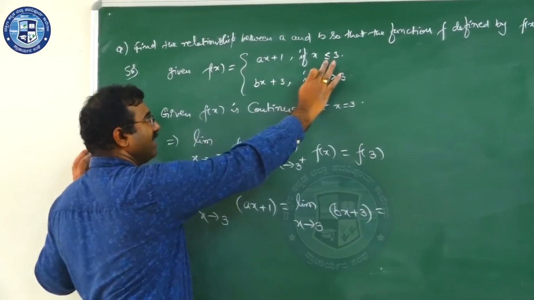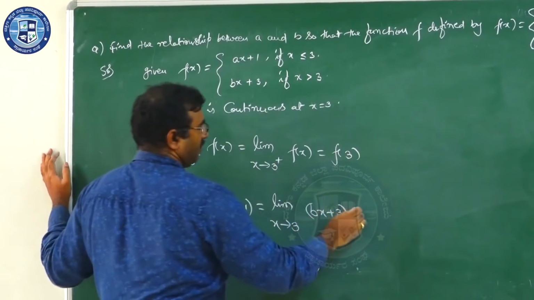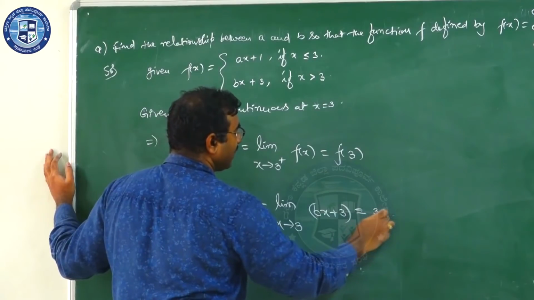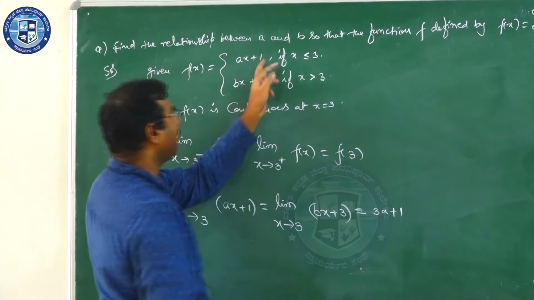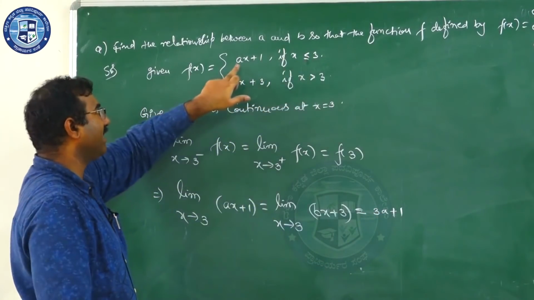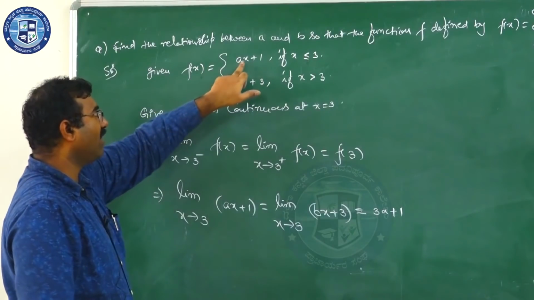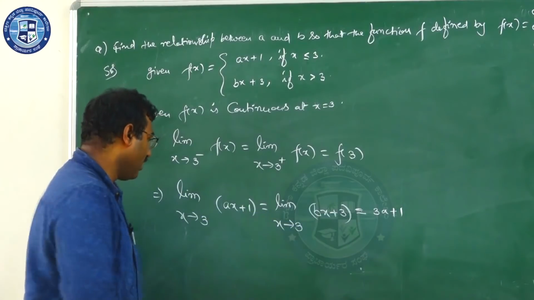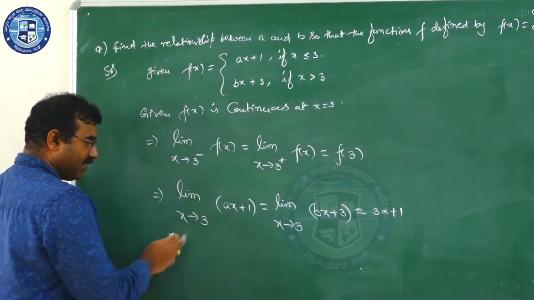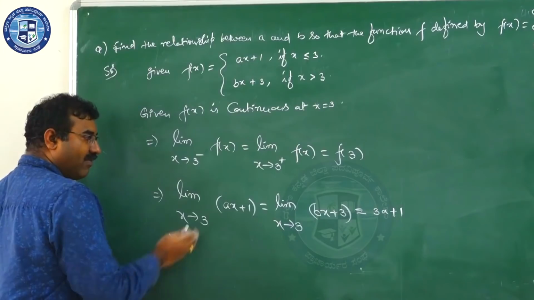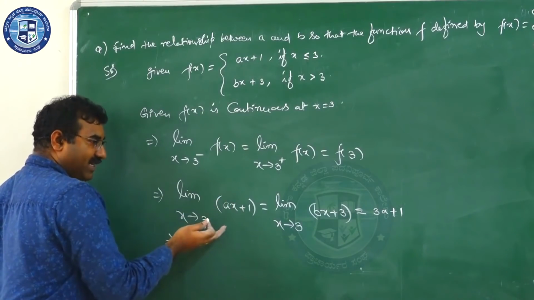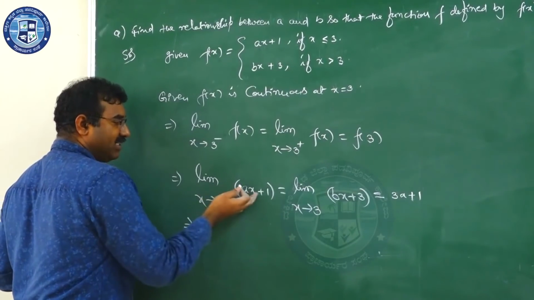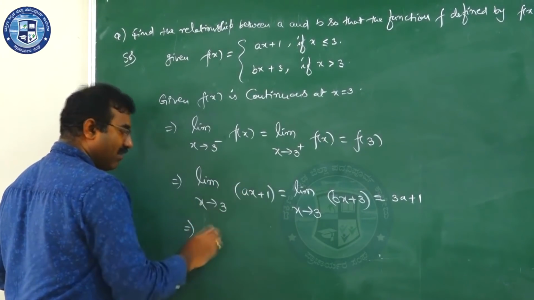For f of 3, at x equal to 3 they define it as ax plus 1. That means f of 3 becomes a into 3 plus 1, that is 3a plus 1. Now limit x tends to 3 of ax plus 1 is a linear polynomial, so whenever you are working with a polynomial, you just substitute directly without any doubt.